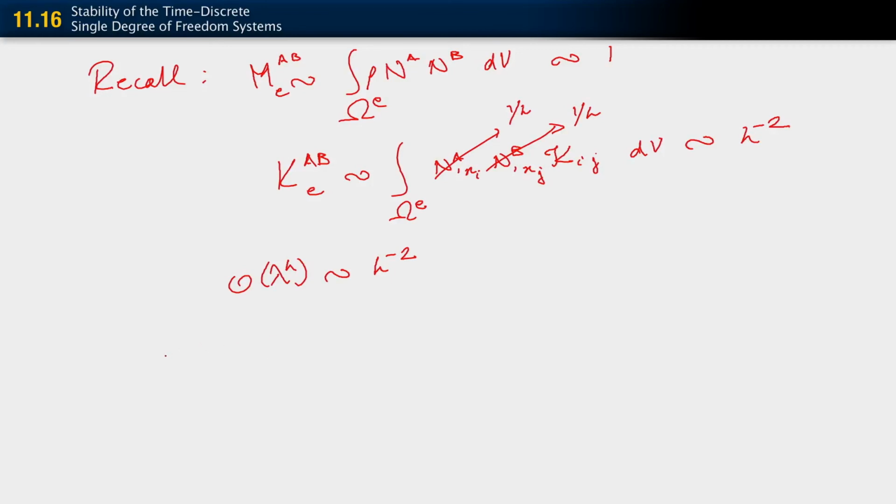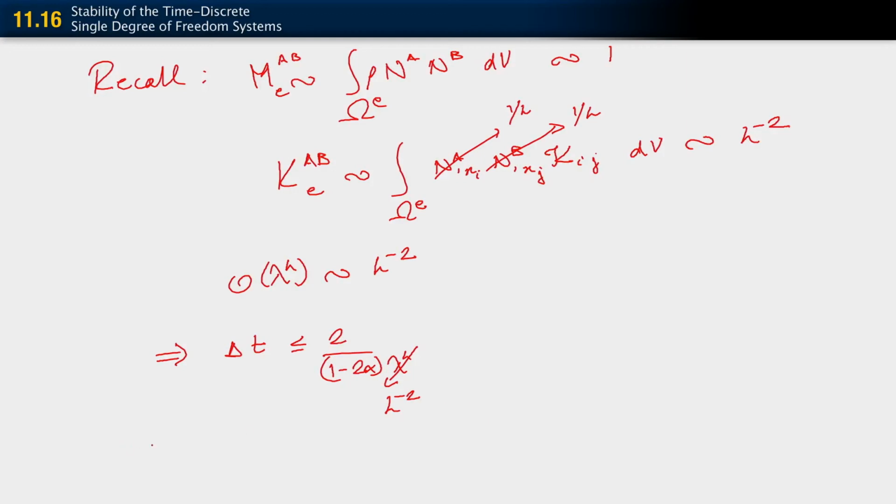Now, what does that say for delta t? Delta t has to be lesser than or equal to 2 over 1 minus 2 alpha lambda h. Well, this lambda h is like h to the minus 2. As h gets smaller, our restriction on delta t gets more and more stringent.